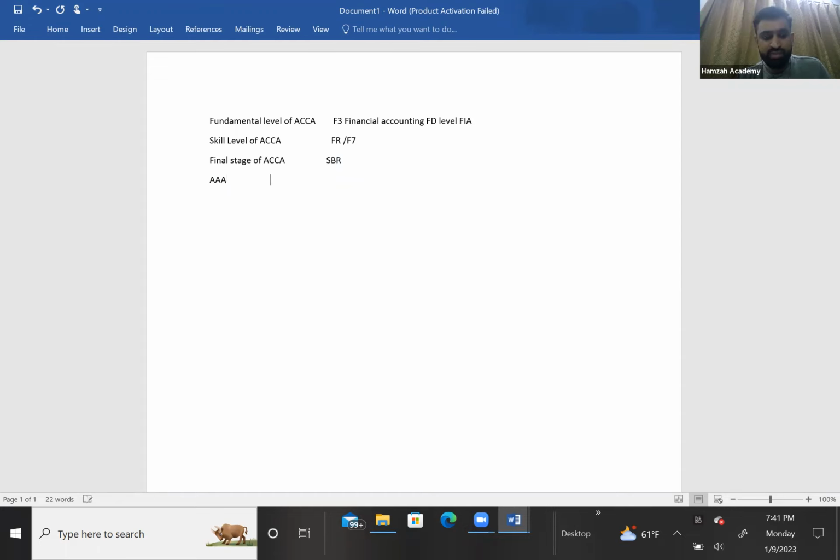In this AAA paper, I can roughly estimate that at least 25% of your marks will be based directly or indirectly on SBR, because there will be questions on accounting standards in Advanced Audit and Assurance, and we are going to study all accounting standards in SBR. So SBR is very useful at AAA level as well.